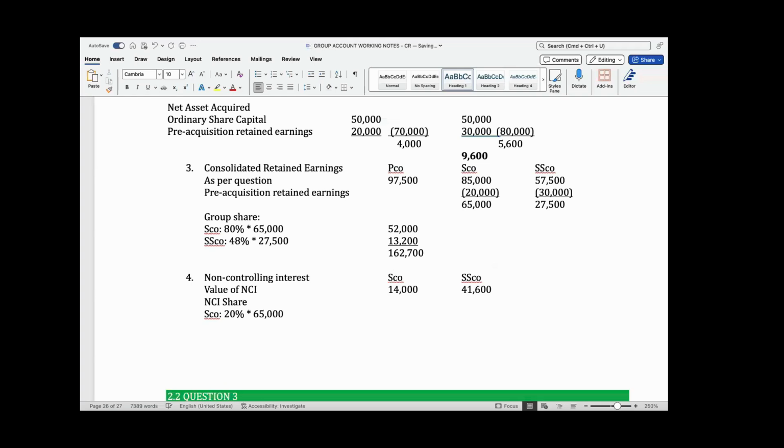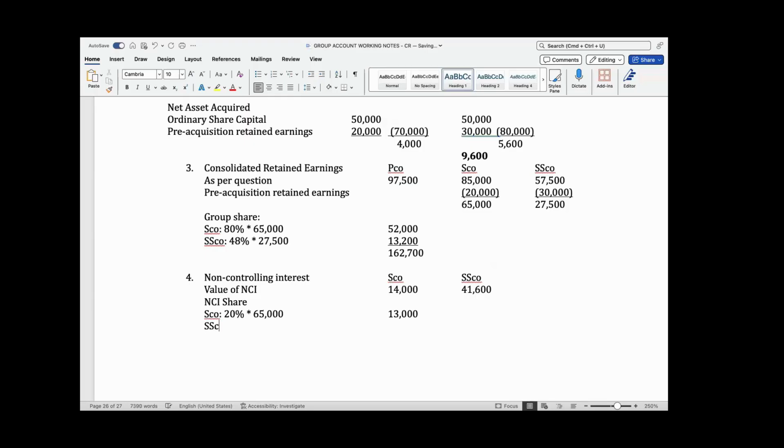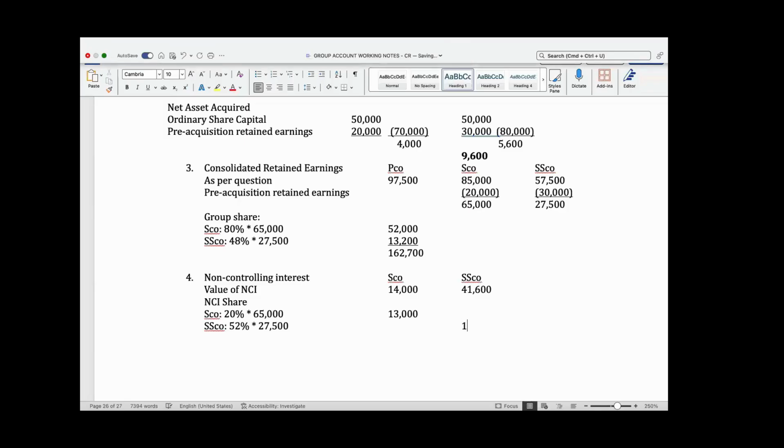What would that give us? 13,000. And in SSCO, NCI has how many percent? That's 52% times 27,500. What would that give us? 14,300.